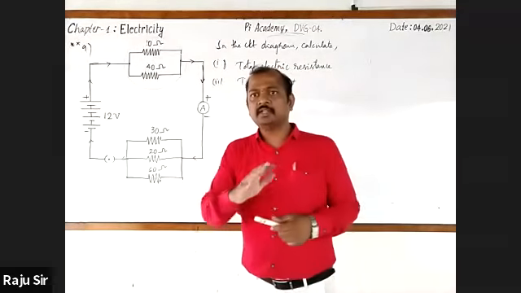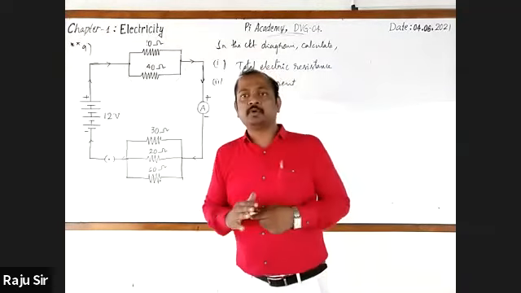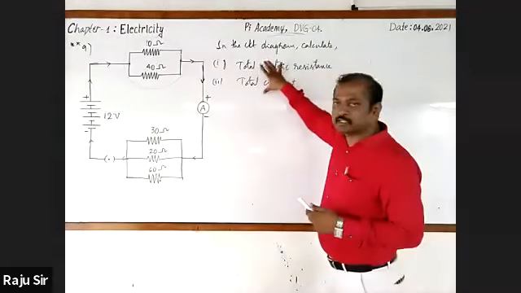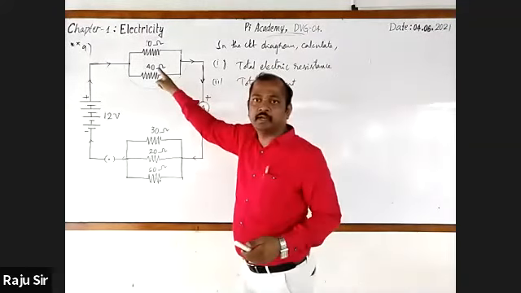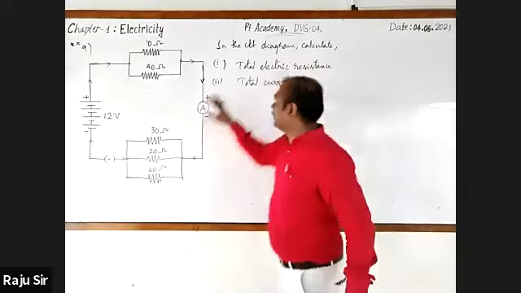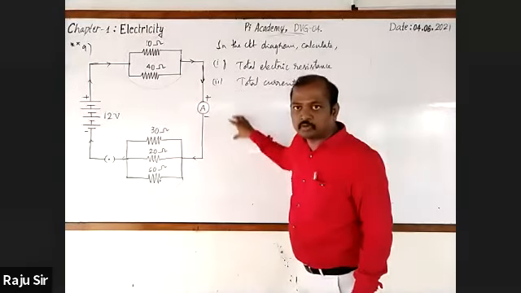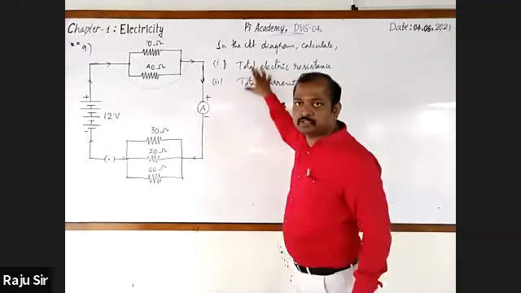These are the different possible ways. But in the textbook, they have given only these two. With our interest, we can find the current through each resistor, but I'm not going to include any more questions. First, let's answer these two questions.